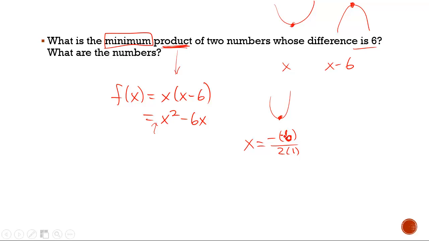That's negative 6, so that'll be positive 6 over 2, which is 3. And if we plug in a 3, we get 3 squared minus 6 times 3, which is 9 minus 18, which is negative 9.